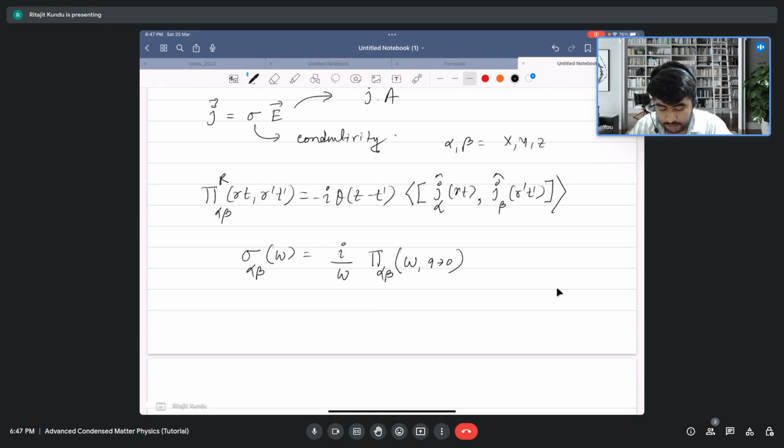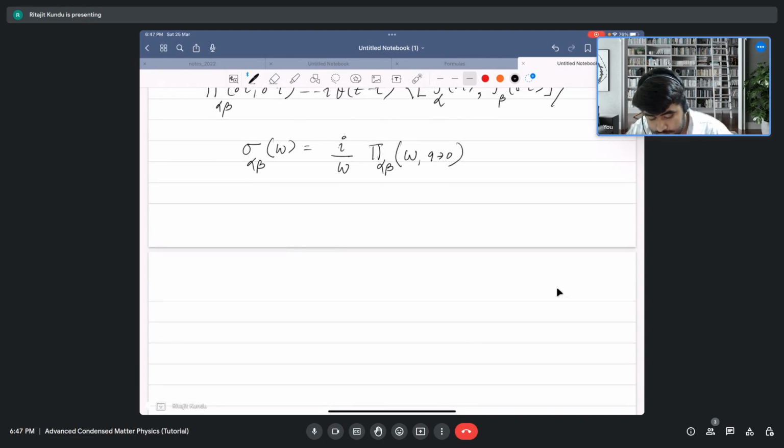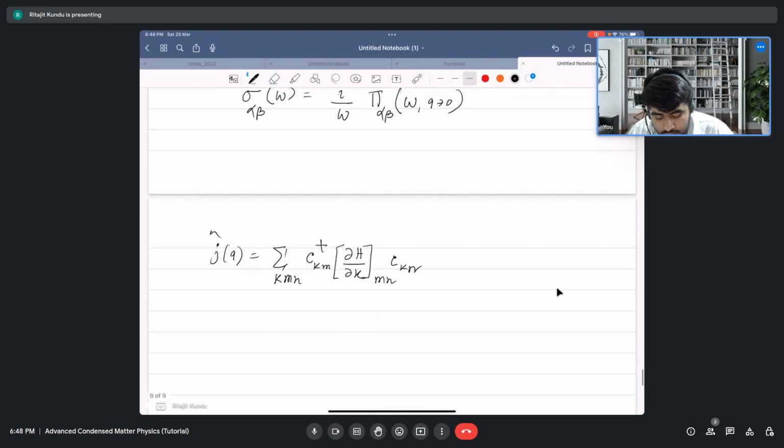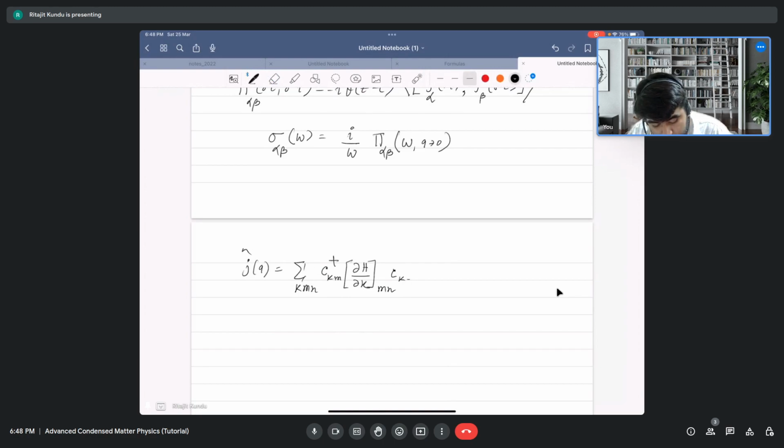You can show that the form of the current operator in momentum space is given by a summation over k and states, c k alpha dagger, times the derivative of the Bloch Hamiltonian, the mn-th element of this derivative, del h by del k, times c k plus q n.